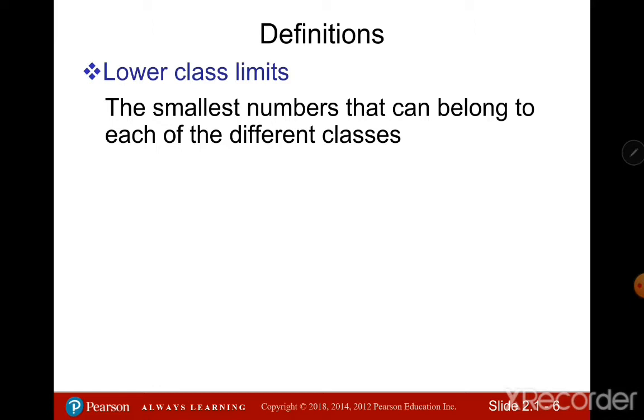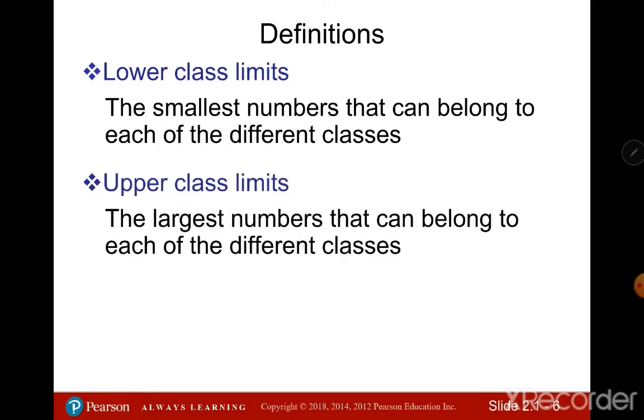We have lots of classes in our first column, and each class has a lower class limit and a higher number, which we call the upper class limit.